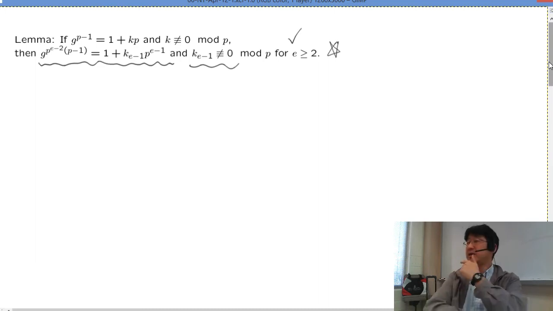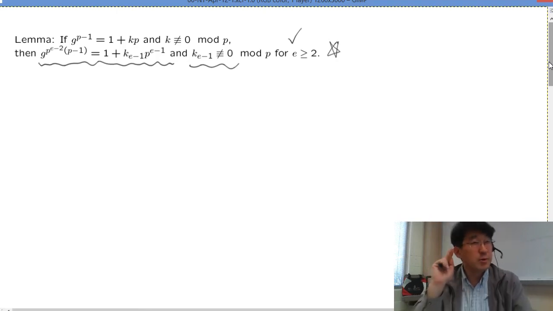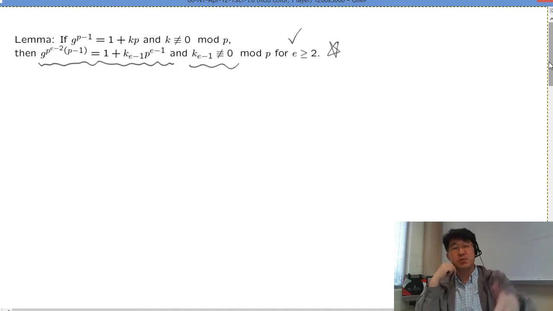Okay, how about e equals 2? It is Euler's theorem, so it is 1 mod p squared, right? But it says nothing about this k times p in there, right? I think this one is the e equals 2 case, is it not?